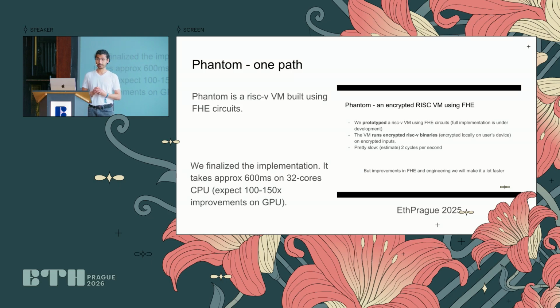Back then, we estimated that Phantom as a RISC-V machine, which can execute arbitrary code, would take roughly 2 cycles per second, which is immensely slower than the ZKVM that Jody presented previously. But we finalized the implementation last November, and it takes approximately 600 milliseconds on a 32-core CPU. And we expect roughly 100 to 150x improvements using GPU, but with the caveat that we do not have a GPU implementation yet.